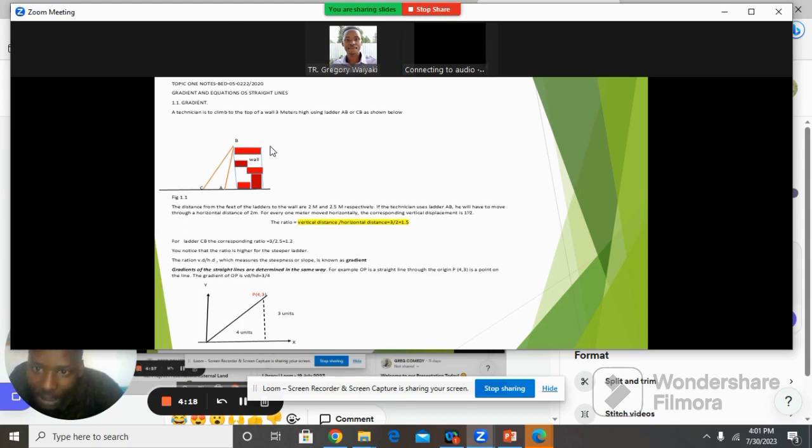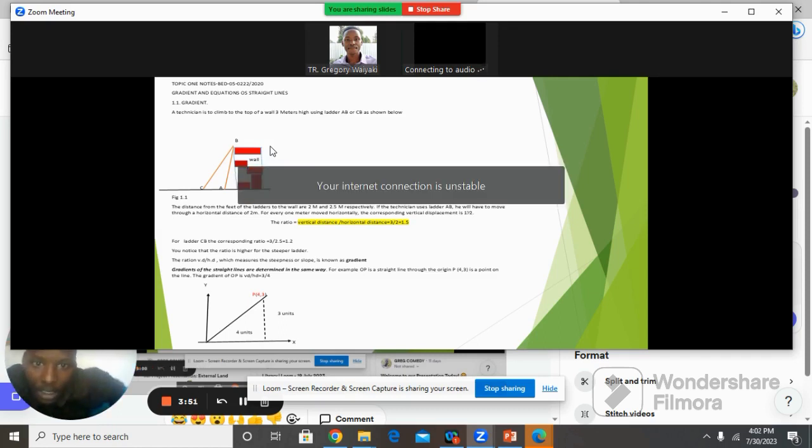We are told that the distance from the feet of the ladders to the wall are 2 meters and 2.5 meters respectively. If the technician uses ladder AB, he will have to move through a horizontal distance of 2 meters, and for every 1 meter moved horizontally, the corresponding vertical displacement is 1.5 meters.